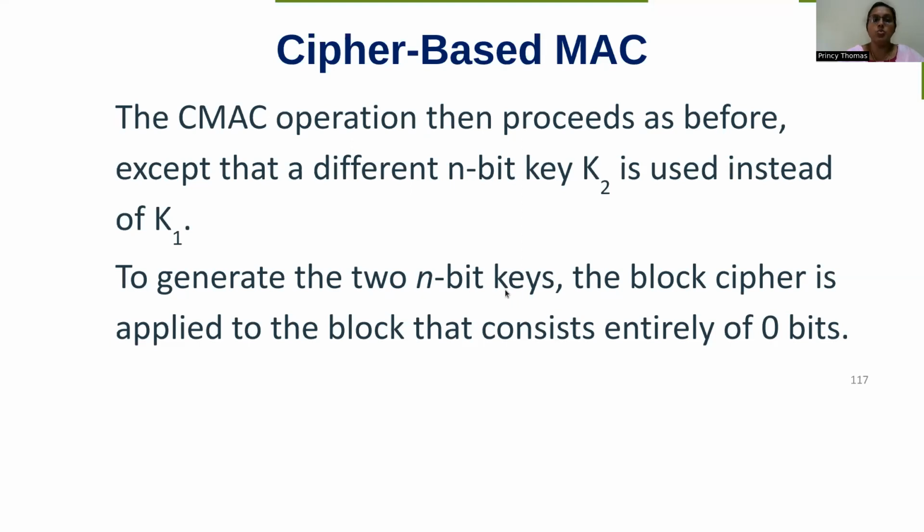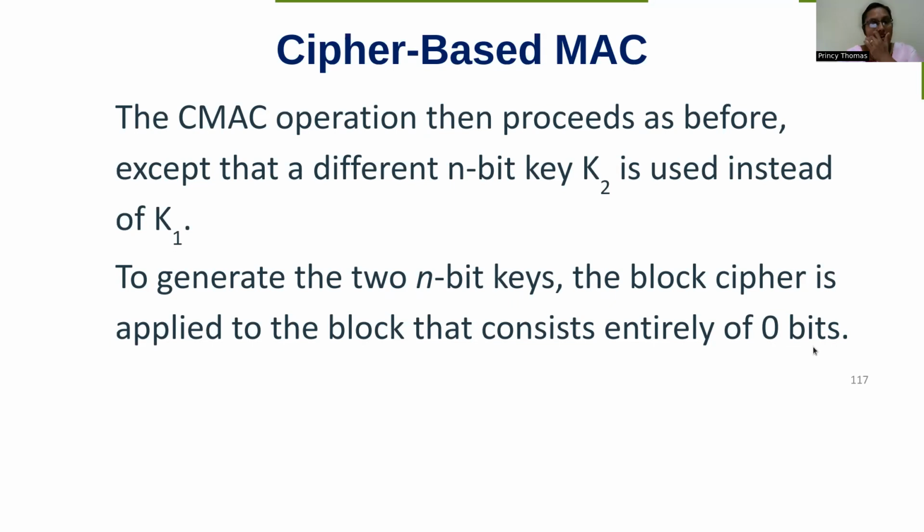To generate the two n-bit keys, K1 and K2, the block cipher is applied to a block that consists entirely of 0 bits.